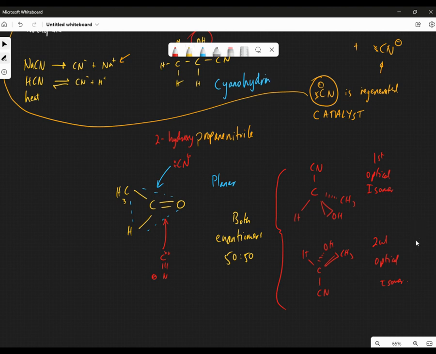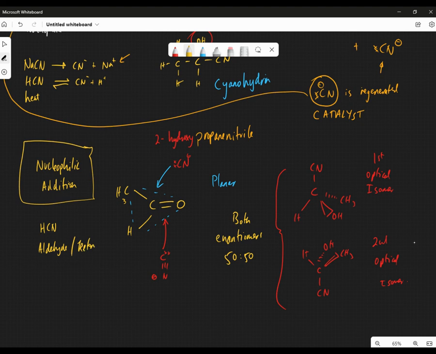Now, that's the mechanism, and the first step was nucleophilic. Okay, and as you can see, it's actually an addition reaction. So this is a nucleophilic addition reaction. If you look at the syllabus, nucleophilic addition is the reaction between HCN and either an aldehyde or a ketone, but it's a carbonyl compound.